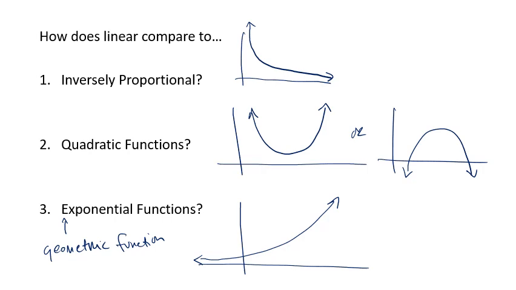Now, the one thing I want you to take away from these 3, how does linear compare to these? Well, linear is a straight line, and these are not straight lines. That's really the basics that we really need you to understand at this point. If you've had 137, then you can probably make a little bit more detailed of a comparison about inversely proportionate and linear.